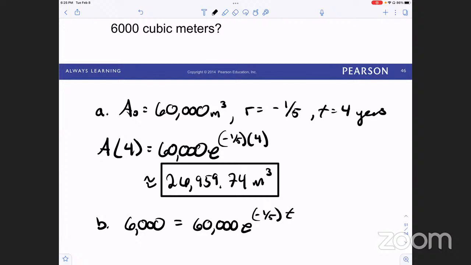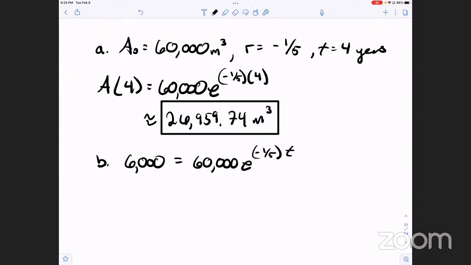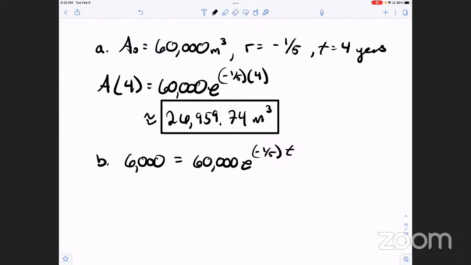Okay. Divide both sides by 60,000. So 6 over 60 reduces down to 1/10, right? So if you divide both sides by 60,000, on the left, you're going to have 1/10. On the right, we're going to have this e to the negative 1/5 times t.